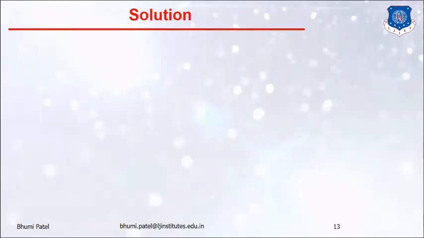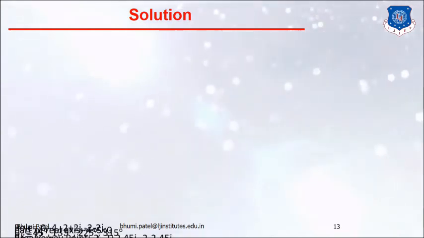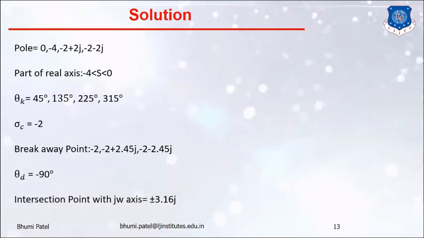Now the last step is we have to draw a root locus for this transfer function. So our pole values are 0, minus 4, minus 2 plus 2j, and minus 2 minus 2j. Then the part of the real axis is minus 4 less than s less than 0. Theta k is equal to 45, 135, 225, 315.